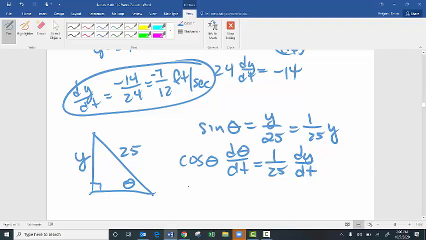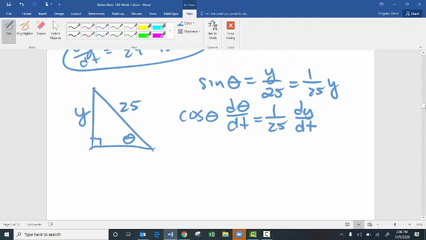So now what we have to do is find the angle, okay? The angle, we go back to the original formula. We know when x is 7, y is going to be 24. So to figure out the angle, and then we can plug the angle in, the sine of the angle is equal to y, which we know is 24 over 25.